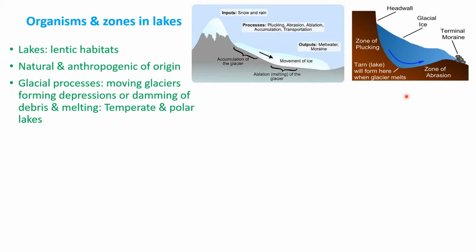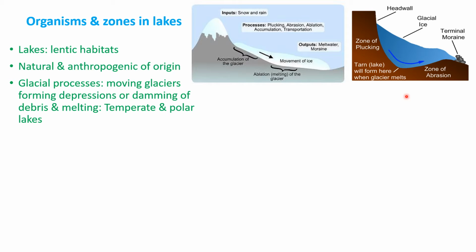And these kind of glacial processes, needless to say, are only found in the temperate and polar regions, because it's only in temperate and polar environments you get snow accumulation, ice accumulation, and thus glacial formation is only limited to temperate and polar environments, never in tropical areas.